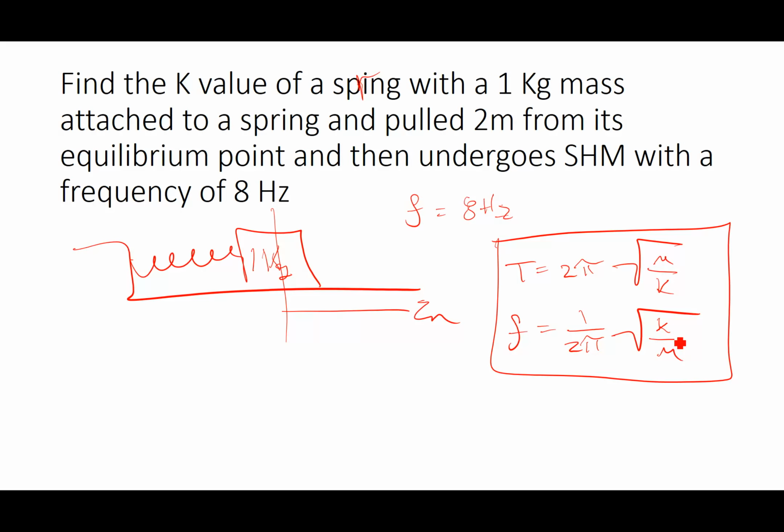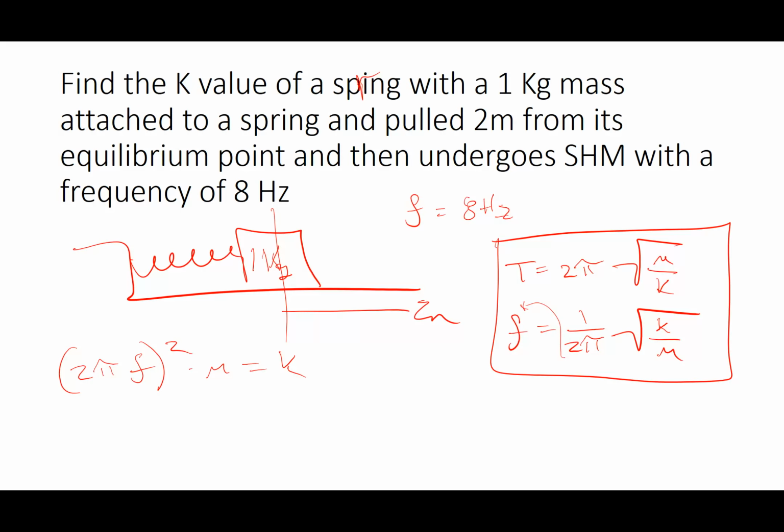All right, since I'm looking to solve for k, I'm going to take this and plug it in over here. So now I have 2 pi f equal to the square root of k over m, and now I have to square both sides. Now I just have k over m, so times m is equal to k.